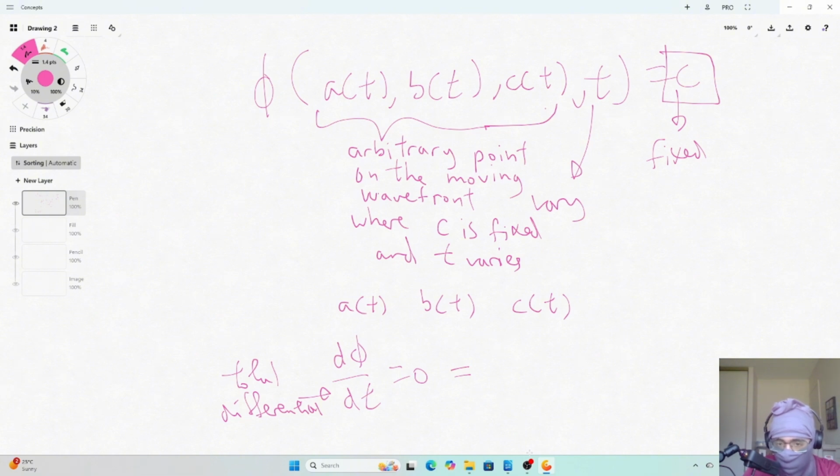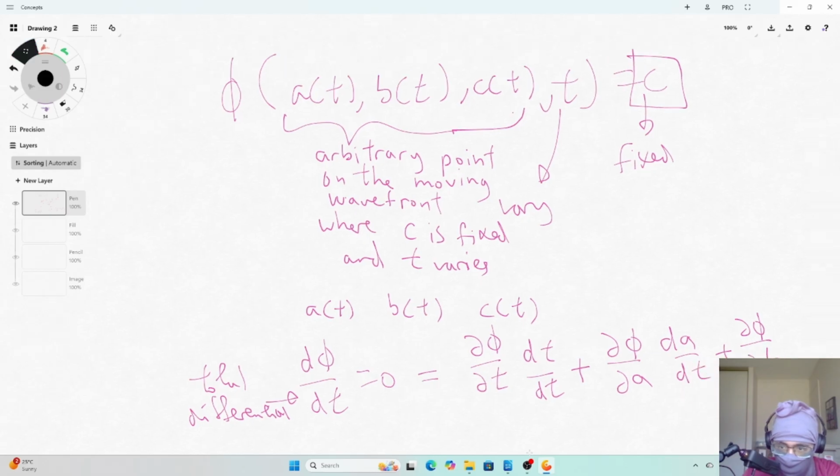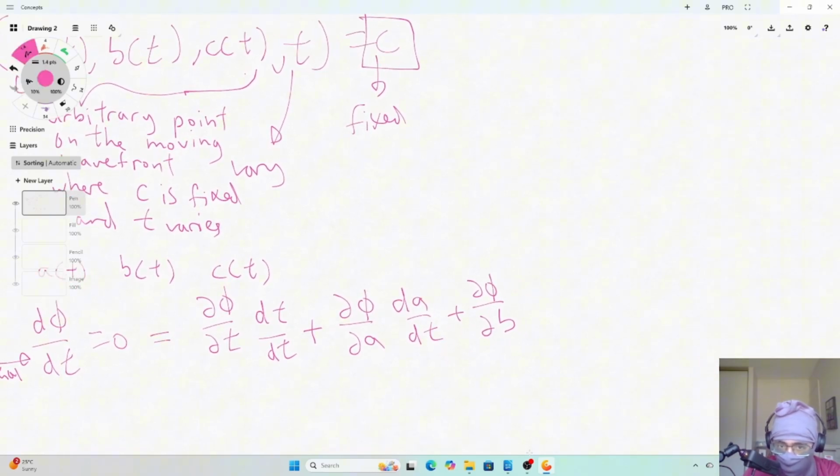By the chain rule, this is equal to the partial of phi over t, dt over dt, plus d phi over dA, dA over dt, plus d phi over dB, dB over dt, plus d phi over dC, dC over dt.